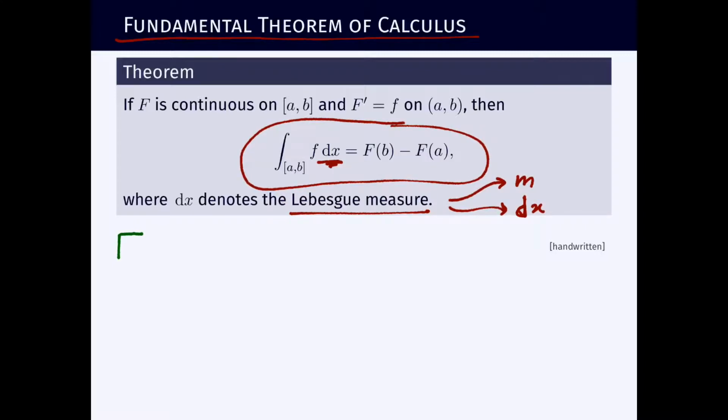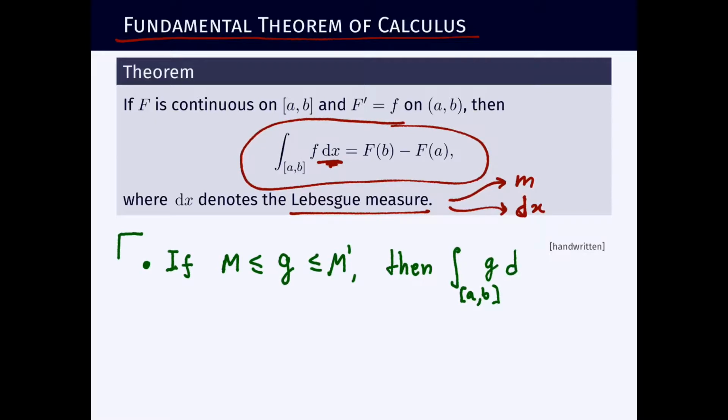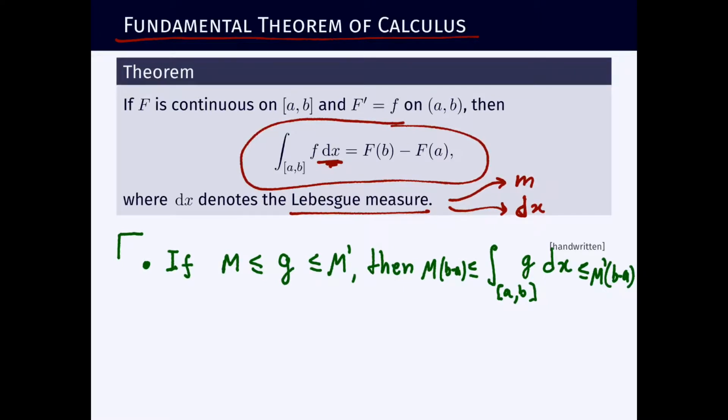And which properties of the Riemann integral do we use when we prove the fundamental theorem of calculus? We use the following. We use that if a function g is bounded between two constants, then when we integrate on this interval that goes from a to b, the function g, this is between the same two constants.